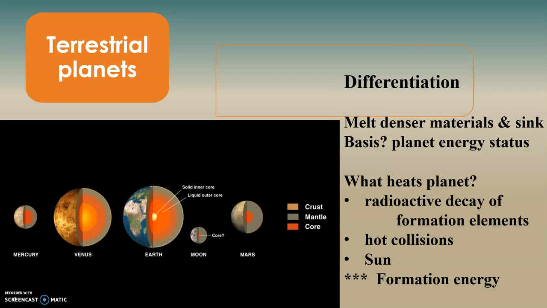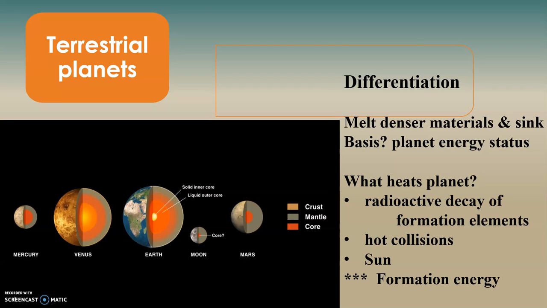In addition, you have so much stuff in the area of our new solar system. You have so much space debris that there are a lot of hot collisions. And when we talk about hot collisions, we're talking about collisions with a lot of energy. So that all of these collisions can certainly melt denser materials. Then too, we have the sun.